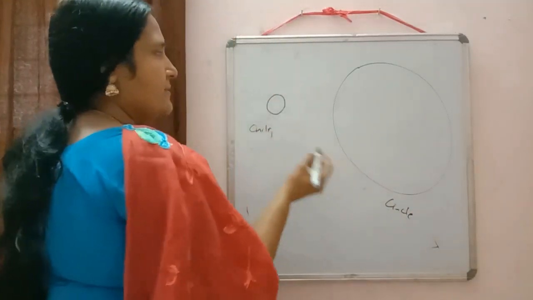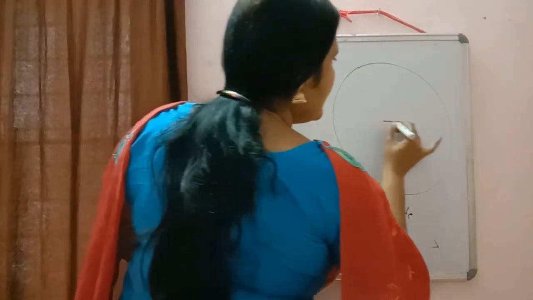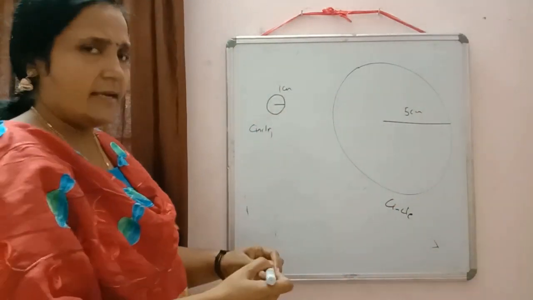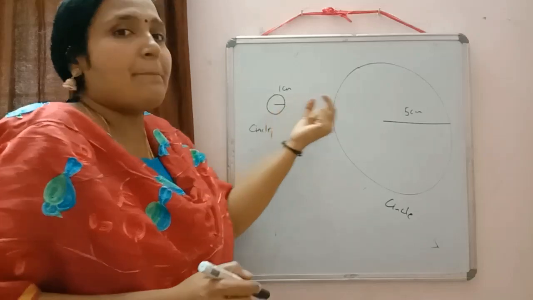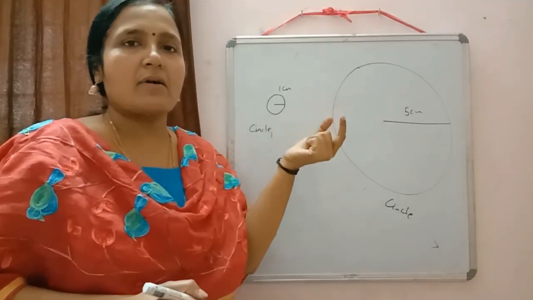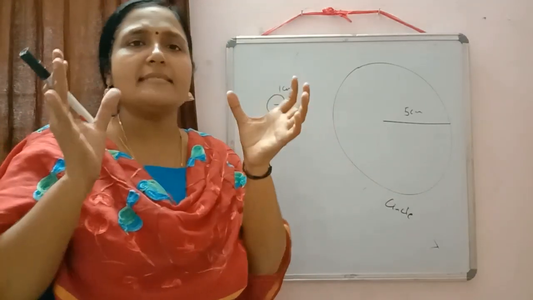What is the change here? Sometimes radius can be equal to 1 centimeter, in this case radius can be equal to 5 centimeter. It depends on the radius which you have taken, but their shapes are same. So these types of figures, where their shape is same, are called similar figures.